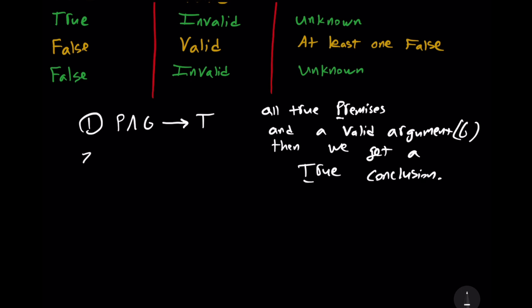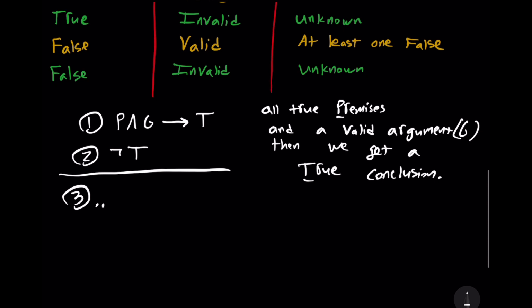But let's say for the second premise, we're saying we're not getting a true conclusion. We know the conclusion is false. So because of that, we're denying the consequent, so we can deny the antecedent in that conditional first premise. So we can then say, therefore, it is not the case that P and G by modus tollens with lines 1 and 2.